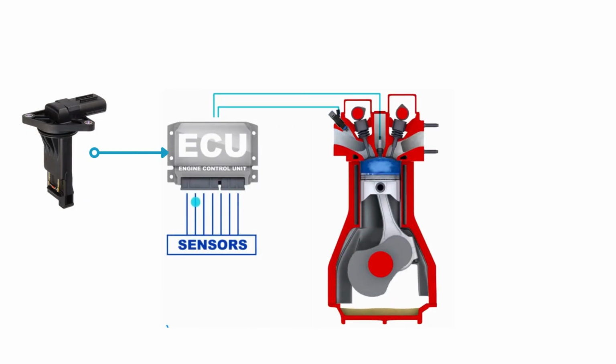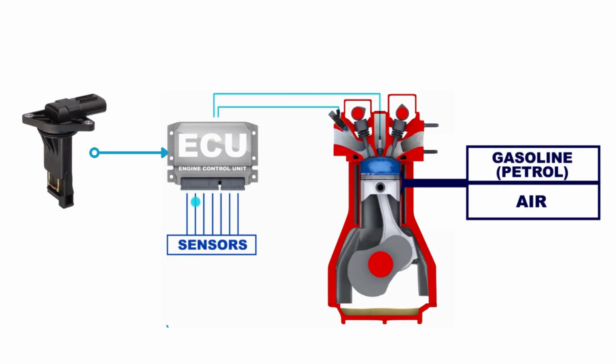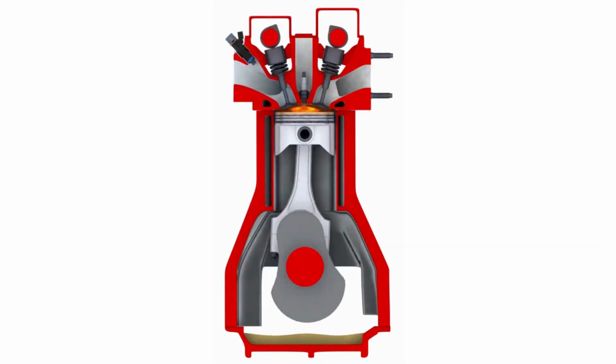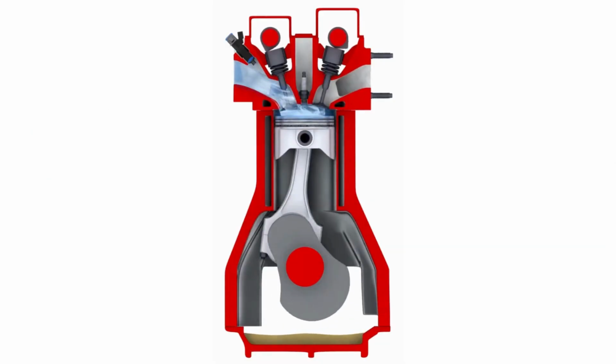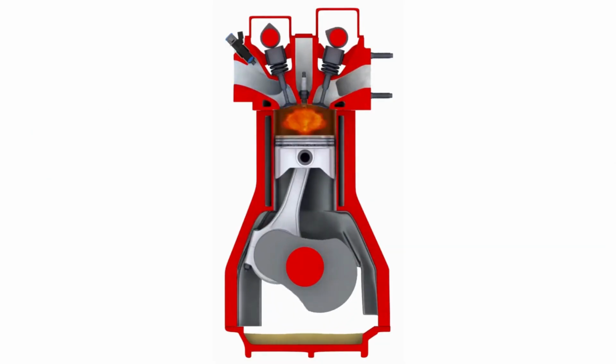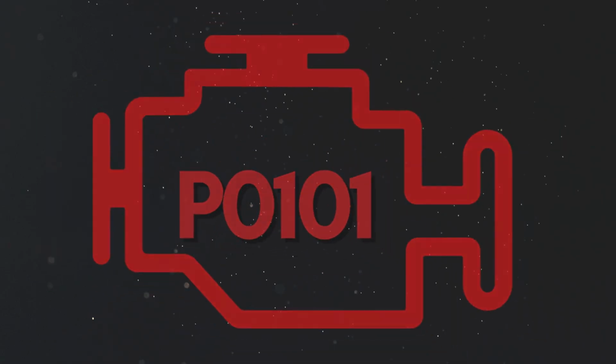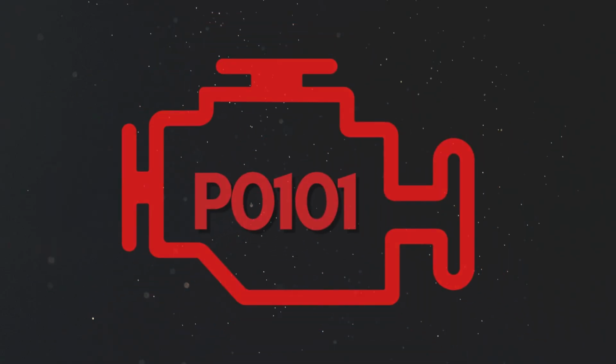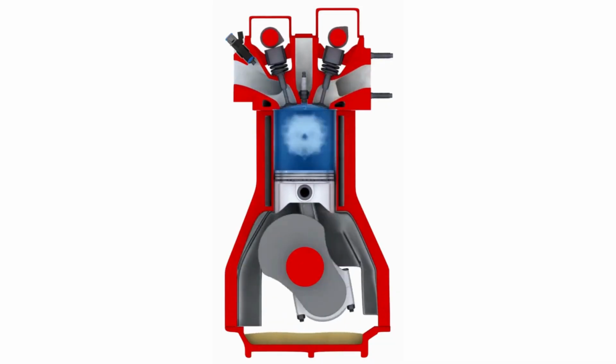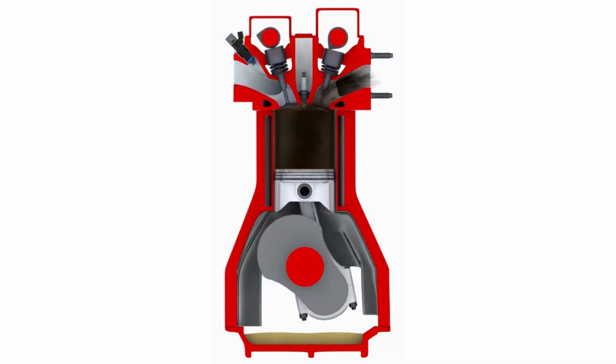In simple terms, the MAF sensor tells the engine how much fuel to inject based on the amount of air coming in. If the reading is off, the entire fuel mixture becomes unbalanced, which leads to poor performance, rough idling, and even trouble codes like P0101.